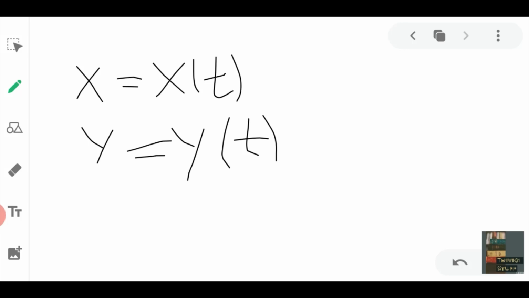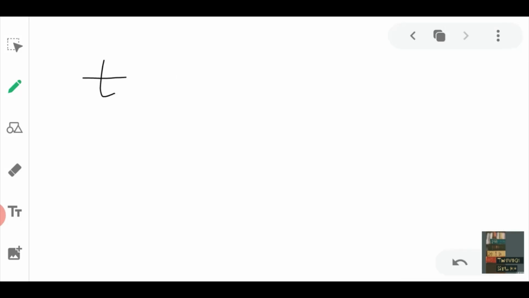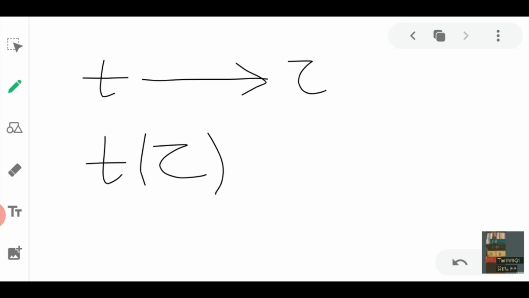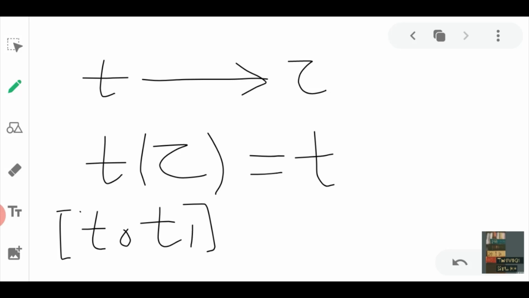What I mean by this is that if we go from t to some other parameter, let us suppose tau, by the transformation t of tau equal to t, then the interval will also change. So let us suppose the interval changes from t0, t1 to tau 0, tau 1.